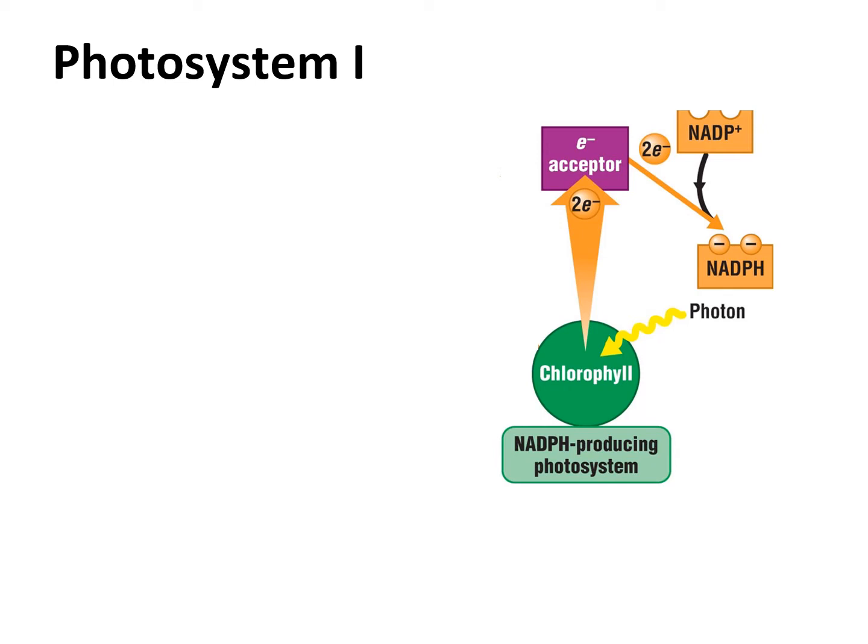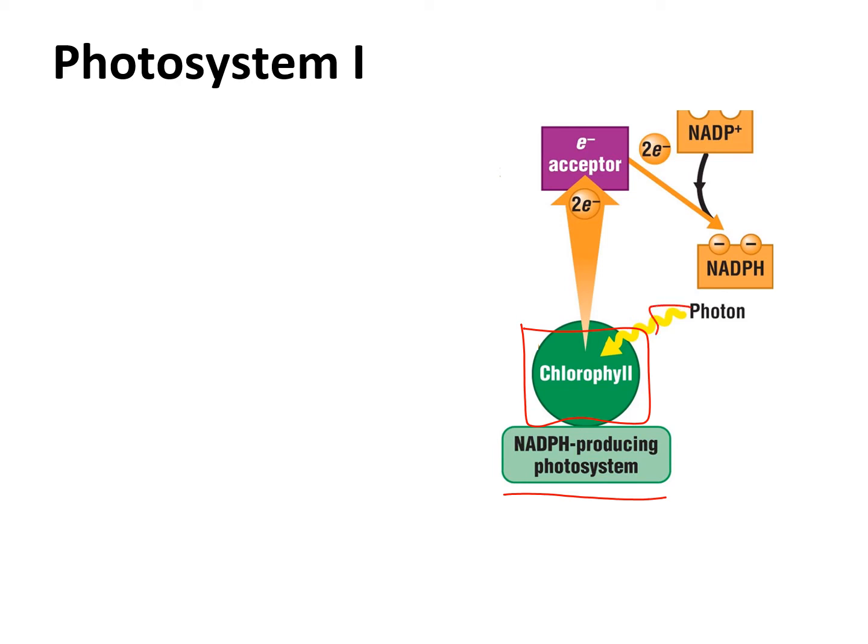Photosystem 1 is the second photosystem involved in the light reactions, and this photosystem is sometimes referred to as the NADPH producing photosystem because that is the end product of this photosystem. So this is also a photosystem, so you have a complex of different pigments embedded in the thylakoid membrane, a complex of chlorophyll A, chlorophyll B, and carotenoids.